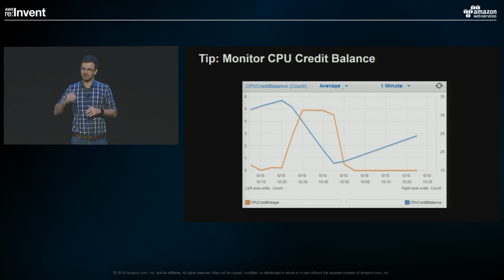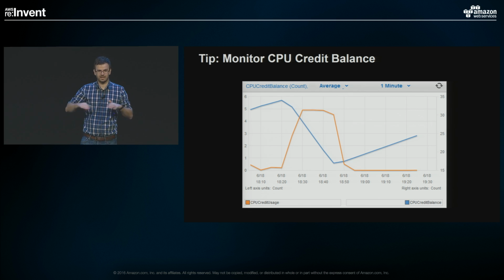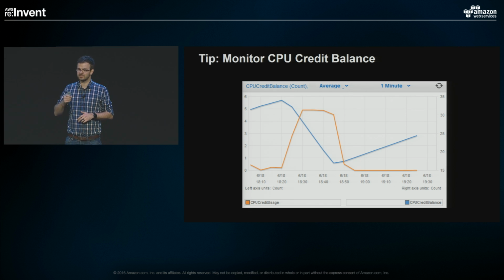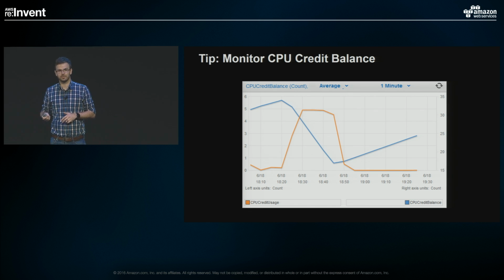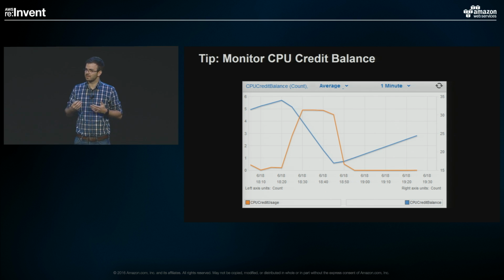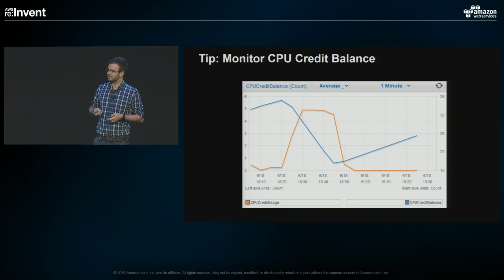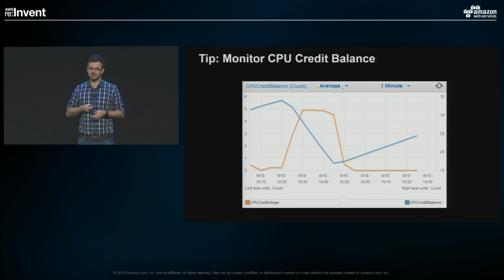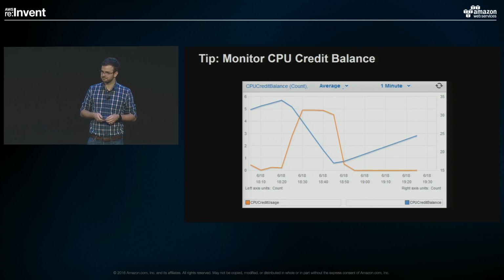If you always want to be in that burst level of performance and not at the baseline, you want to make sure that this credit balance never drops down to 0. If you're using something like auto-scaling, this is probably the metric that you want to hook on instead of CPU usage, because your CPU usage is going to drop once you exhaust all the credits in that bucket.